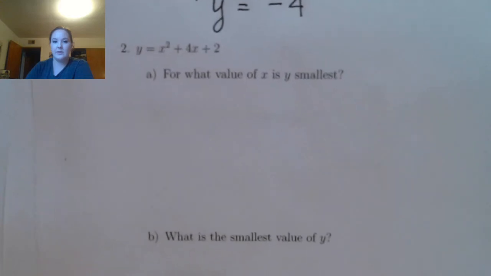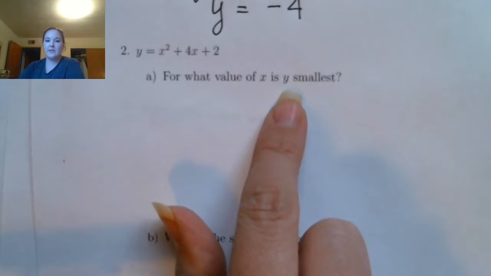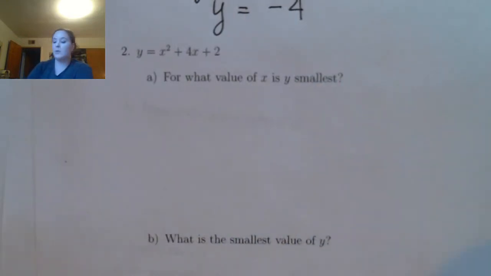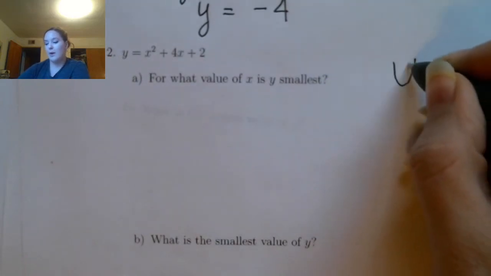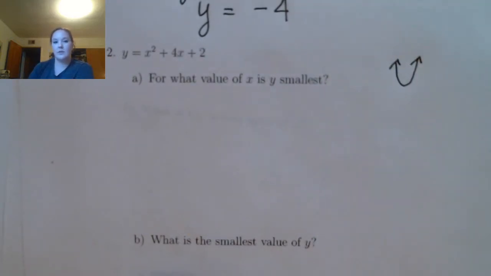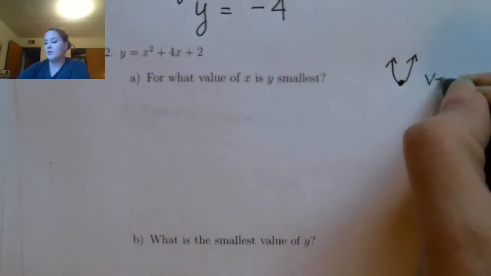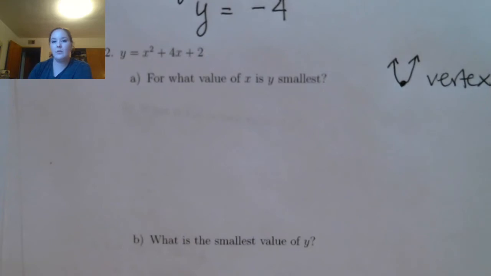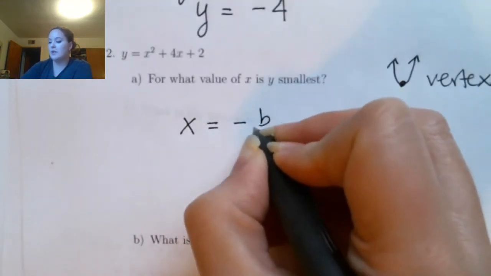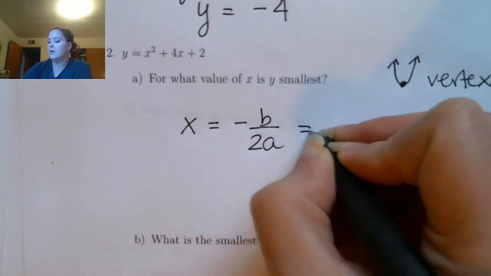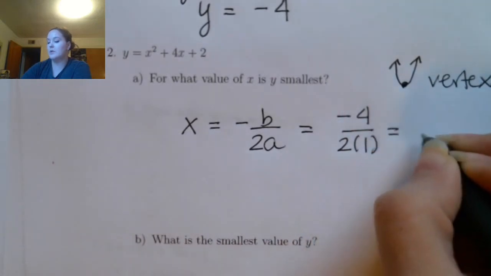This second question is very similar. We're given this equation, then it says, for what value of x is y smallest, and then what is that smallest value of y? Again, we're looking at a parabola that opens upwards, so the smallest value of y is at the bottom, which is the vertex. We use x equals minus b over 2a: minus 4 over 2 times 1, which is negative 2.